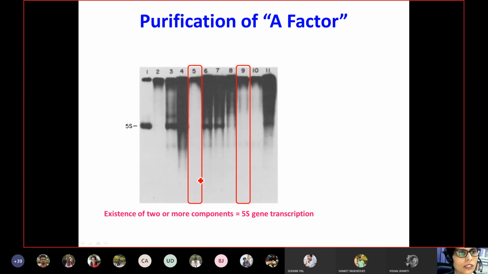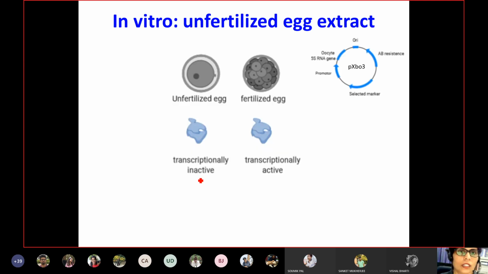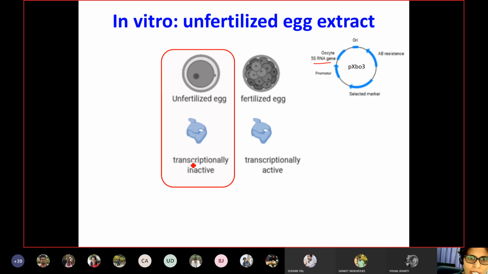So now coming further, they next studied the ability of unfertilized egg extract to accurately transcribe the purified gene. So this is the plasmid with the oocyte 5S RNA gene. They wanted to check whether this plasmid is able to give any specific transcription in the presence of unfertilized egg extract. Now, unfertilized egg, as we all know, is transcriptionally inactive. So they do not have all the factors required for any gene to be transcribed.